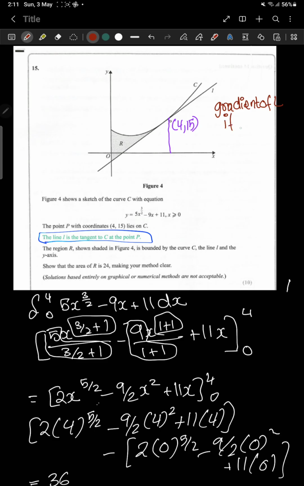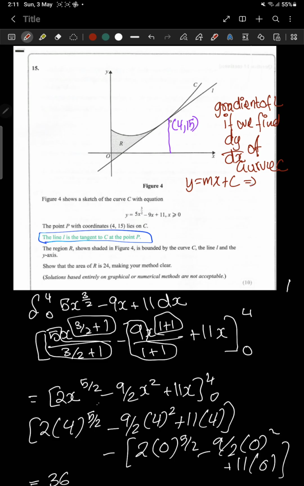If we find dy over dx of the curve C, since this line L is a tangent, we can use that to find the gradient.